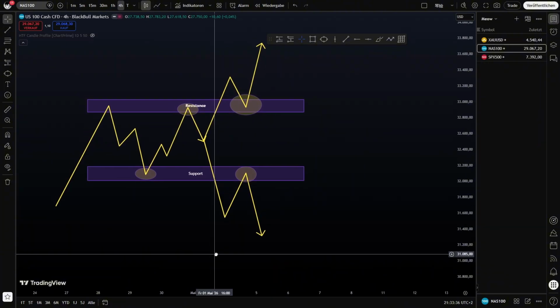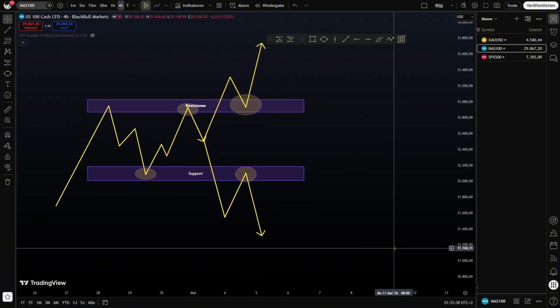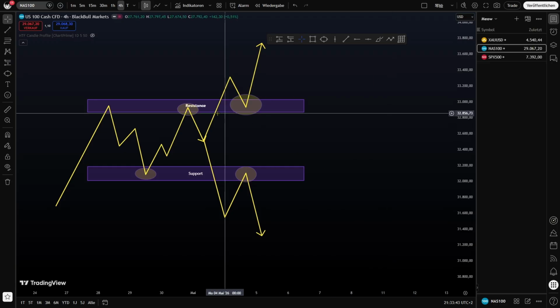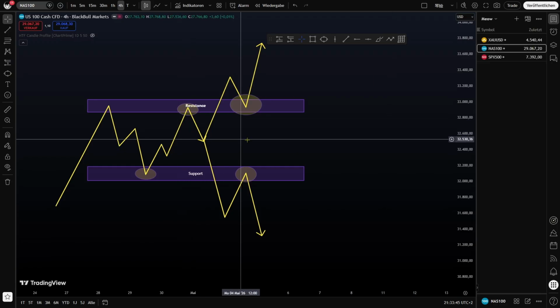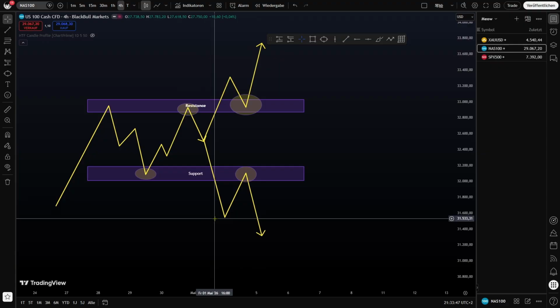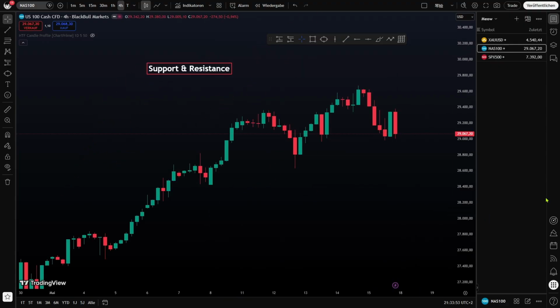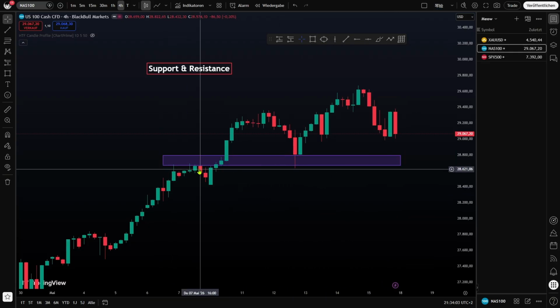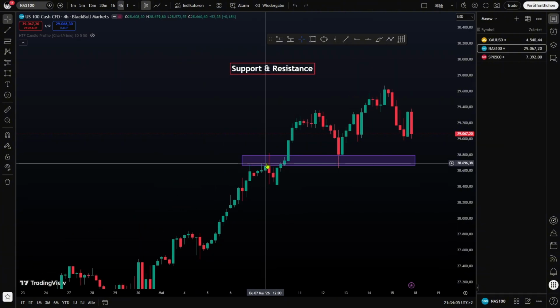So let's go straight into the chart examples. I will try to show you this, guys, on the charts. It will look a little bit different, like with the yellow lines, but please don't get confused, okay? So this right here is a prime example of support and resistance. Matter of fact, resistance turning into a support zone. So we can see right here that the price has previously rejected from this area.